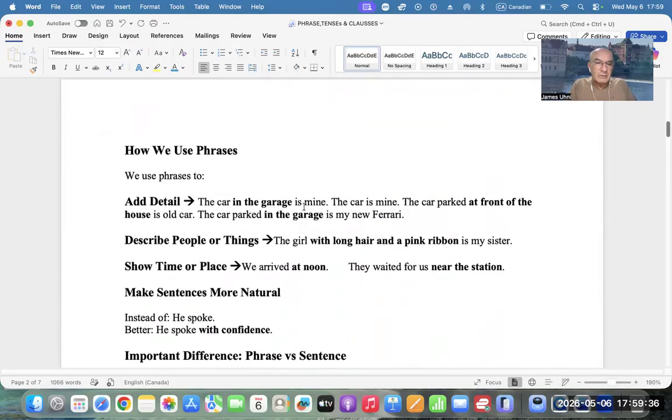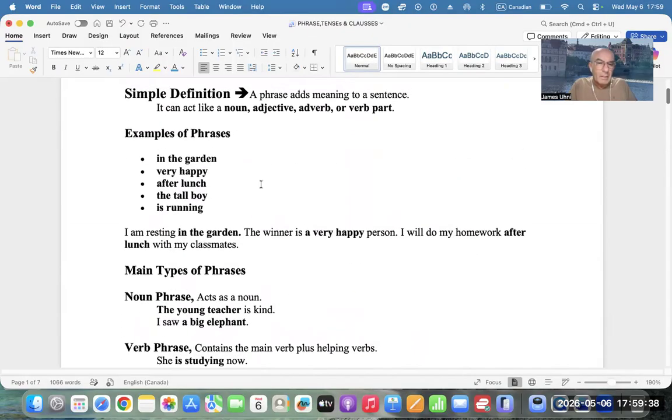Look at the phrase: in the garden, there is no subject. There's only an object. There is no action verb. Very happy. After lunch. The tall boy.